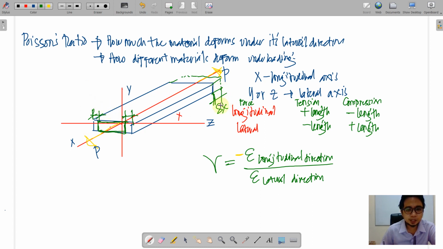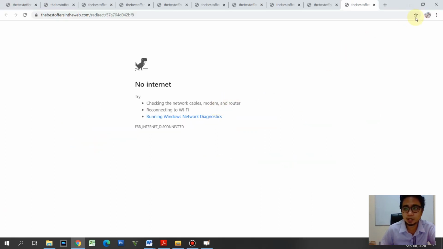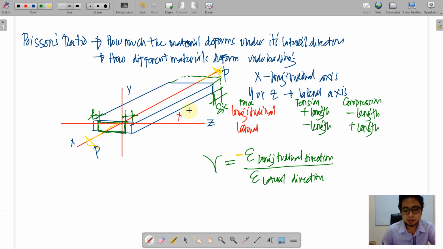Same true with this one. Delta x should be symmetrically distributed along the length. It should be delta x over 2 here, delta x over 2 there. But for presentation, I'll just have that to be delta x. Okay? So for the z direction, of course, this is the corresponding delta z. Of course, that will be shared at both sides.